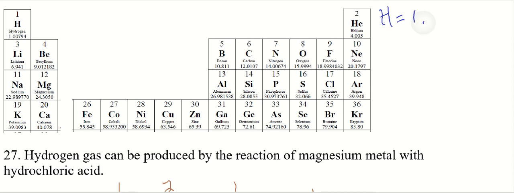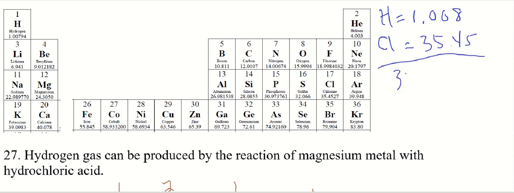Let's take this out to 4 digits because we're going to do calculations later that require 3 sig figs. Chlorine is over here, by the way, 35.45. Add them up. 35.458 grams per mole is the molar mass for hydrochloric acid.